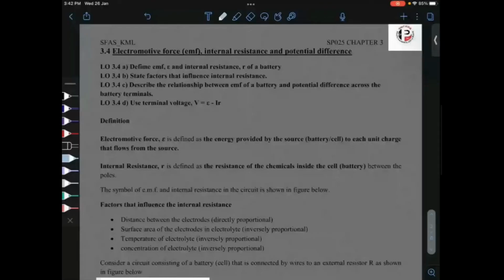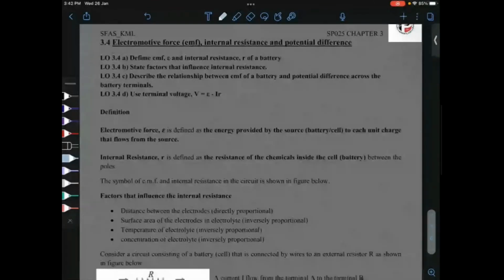Resistance and also potential. What you have to know here, you have 4 learning objectives.